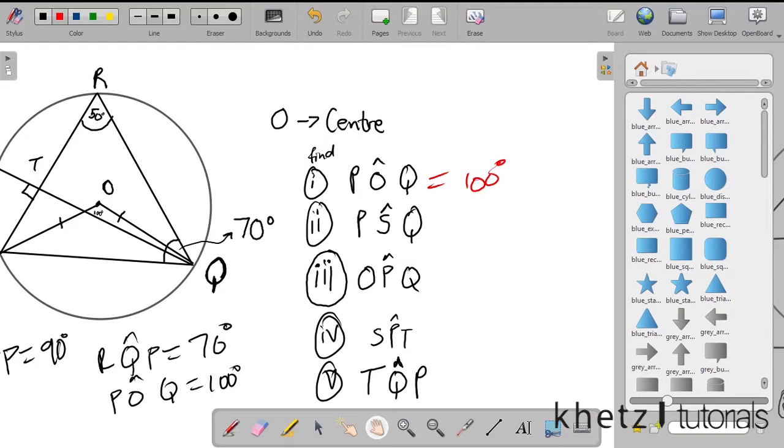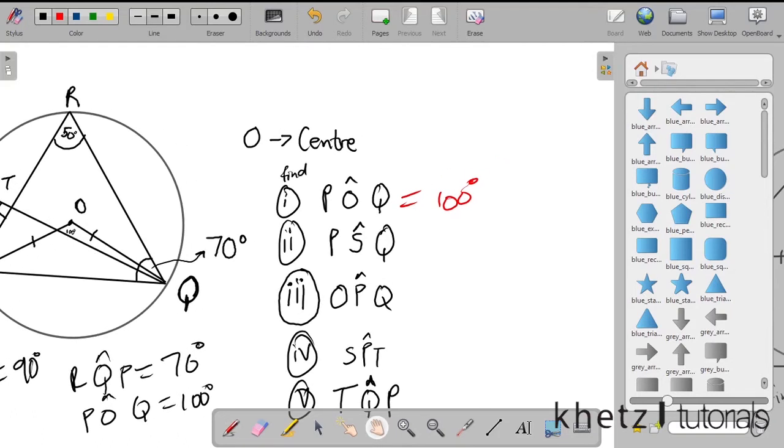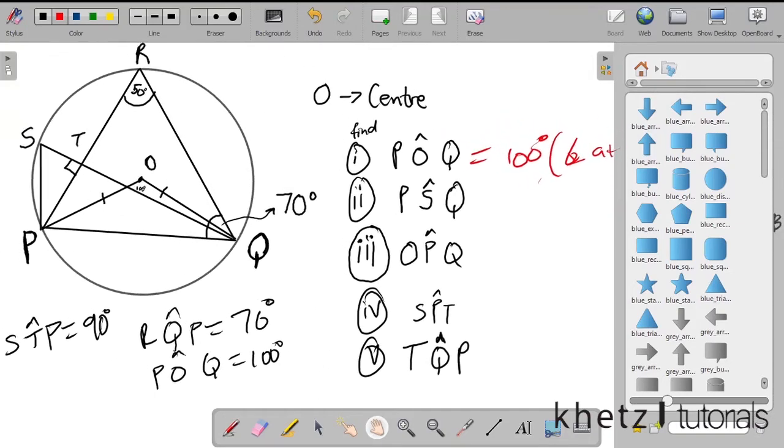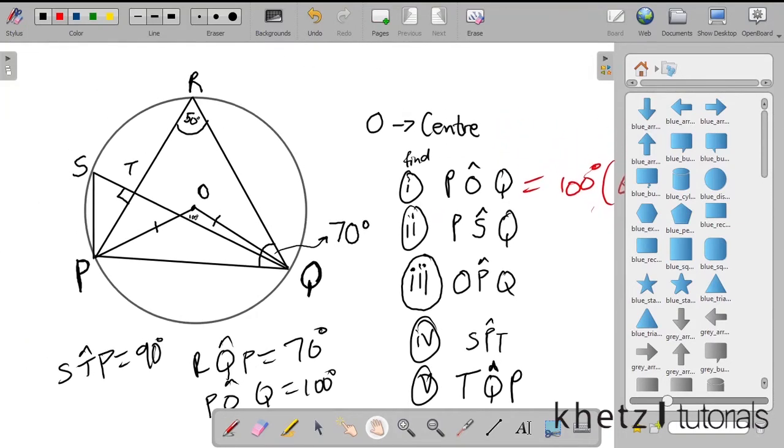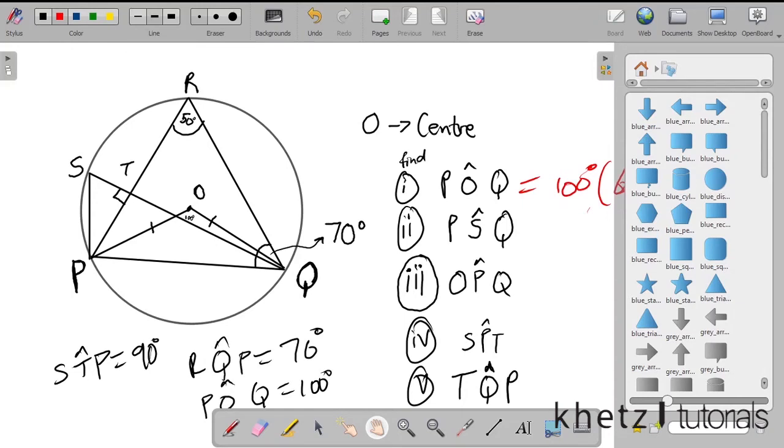So now we can just say POQ is equal to 100 degrees. And the reason for that would be angle at center. So the angle at the center, which is POQ, is equal to twice the angle at the circumference, which is 50 at the top. And that is why this POQ is equal to 100 degrees. So now move on to the next question, which is asking us for PSQ.